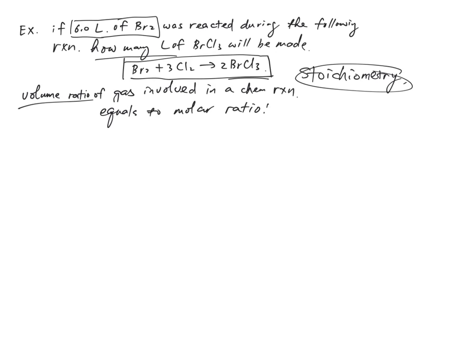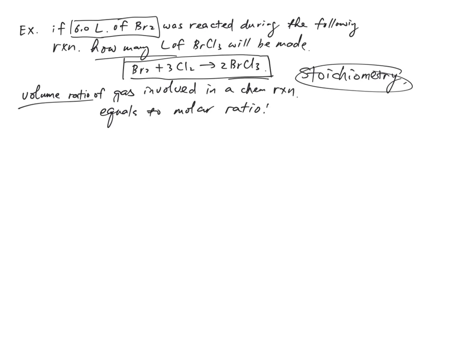Since we calculated before with the ideal gas law, 1 mole of gas occupies a certain amount of volume at a particular condition, right? So if those conditions are fixed, in a chemical reaction, likely you won't have a pressure and temperature change, and then your volume ratio is your molar ratio.